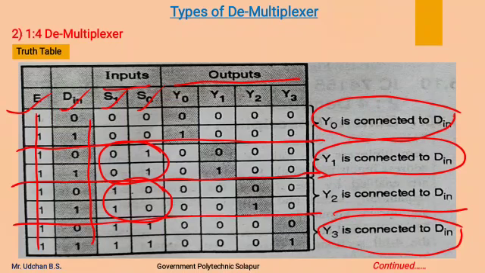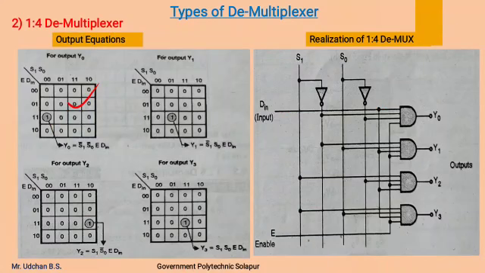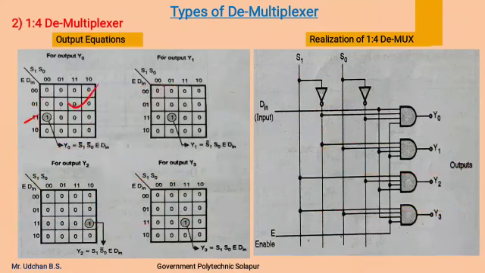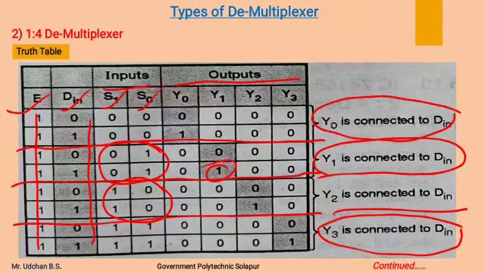Only a single one is available over here for 1100 condition. Now in this Y0 column, here it is 1 for input combination 1100.